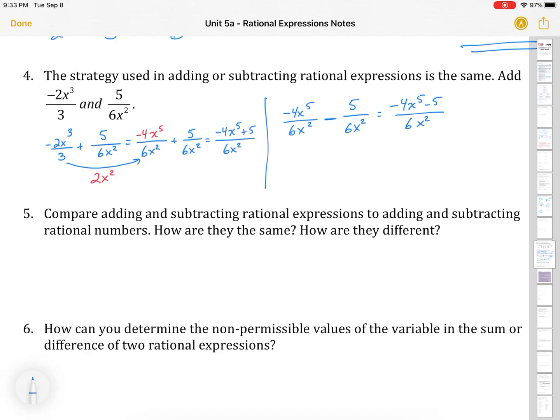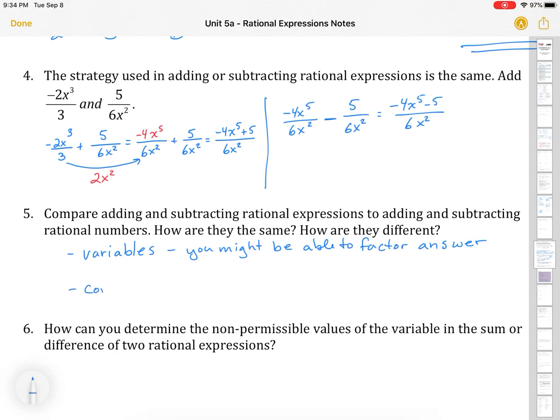Now, how are they different from rational numbers? Well, you've got variables. That's the big factor. You might be able to factor your answer. We don't know yet. Okay.